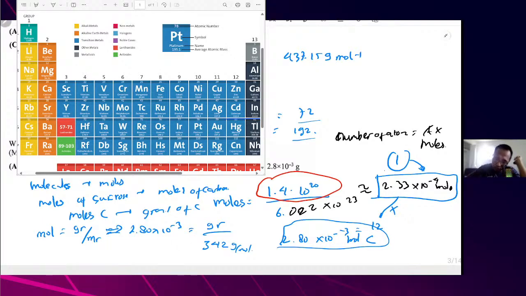If we multiply, we end up around 3.3 times 10^-2 grams.